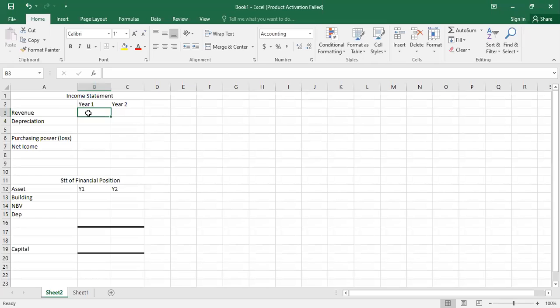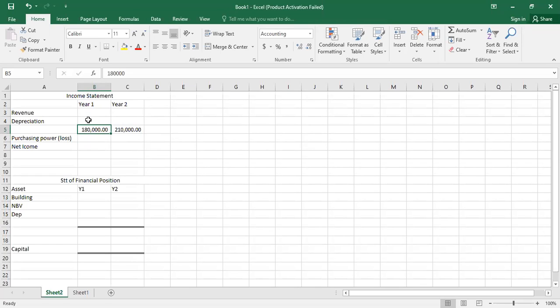So what is the value of the asset? At the end of the year, we have been told it will be 180,000. We are just replacing, isn't it? At the end of year 2, it will be 210. So I'm working with the information that we've been given.